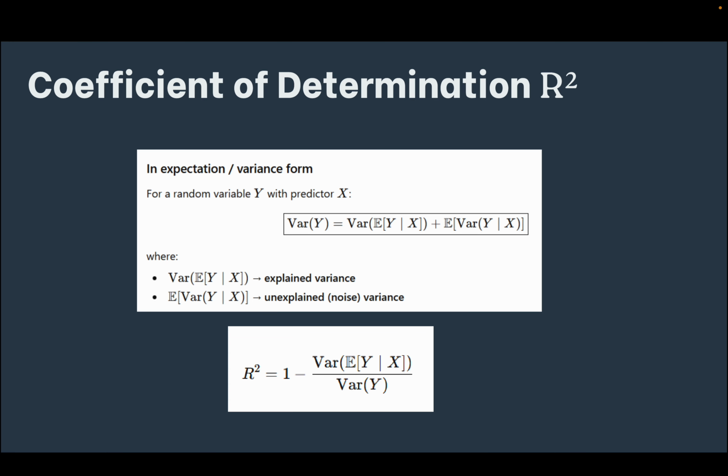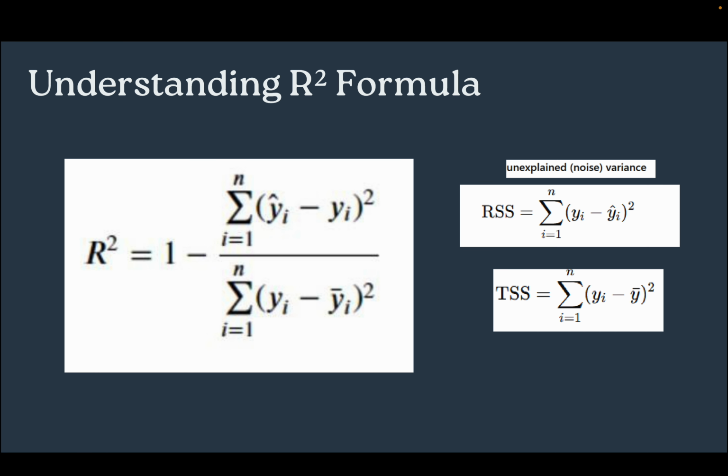So R squared is usually given by 1 minus the unexplained variance divided by the total variance. So how can we calculate this unexplained variance and the total variance?